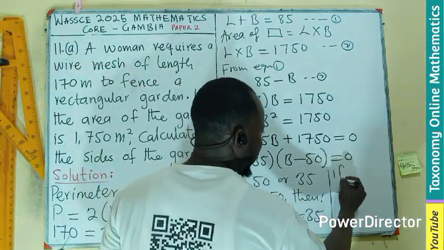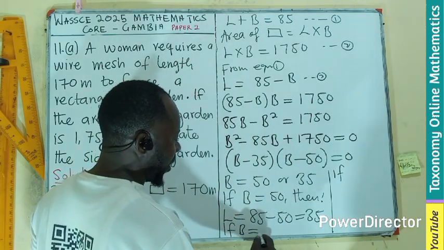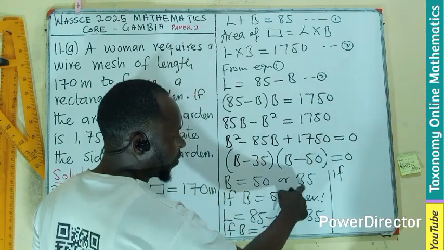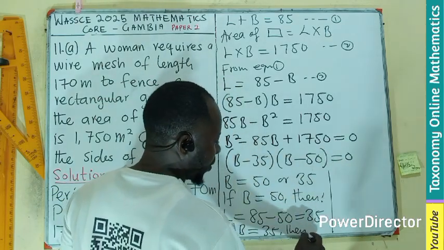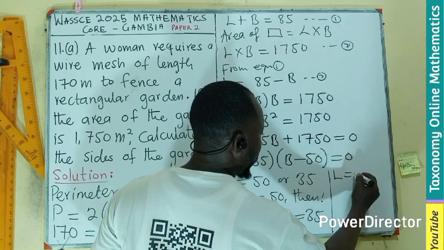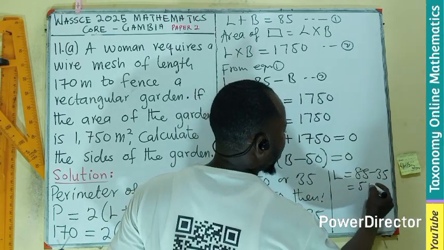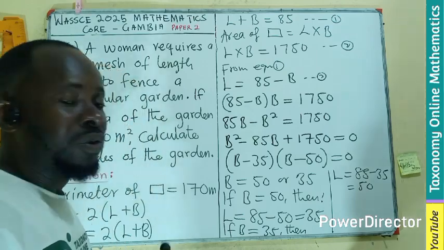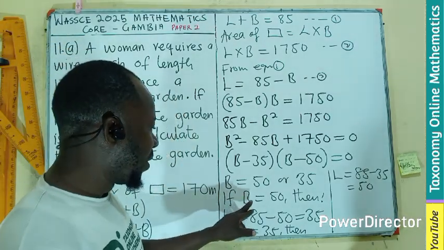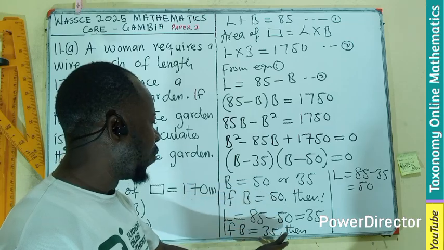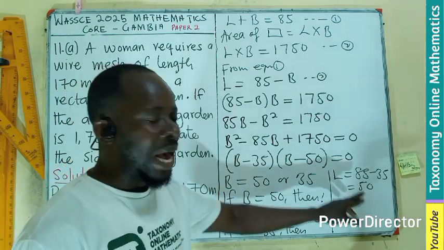And if B equals 35, then L equals 85 minus 35, which gives 50. So the values alternate. If B is 50, L will be 35. If B is 35, L will be 50.